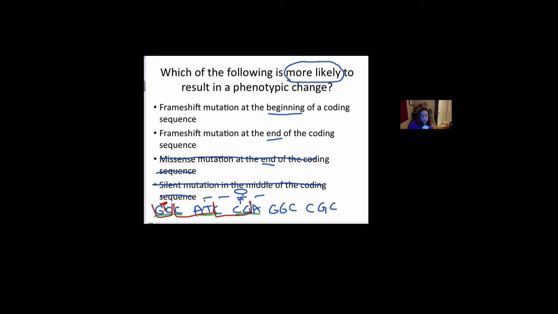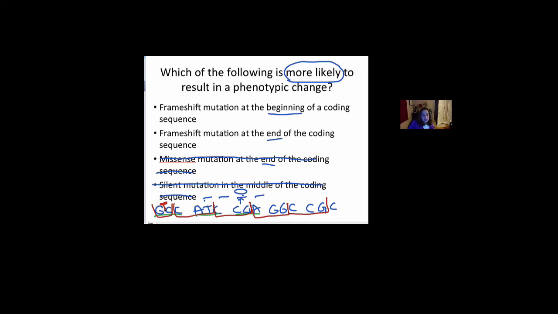It's shifting the reading frame of your triplet codons in translation. So instead of there being the GCC, which you would look at your amino acid chart and figure out what these new amino acids are, now it's going to be translated as GTC, CAT, CCG.